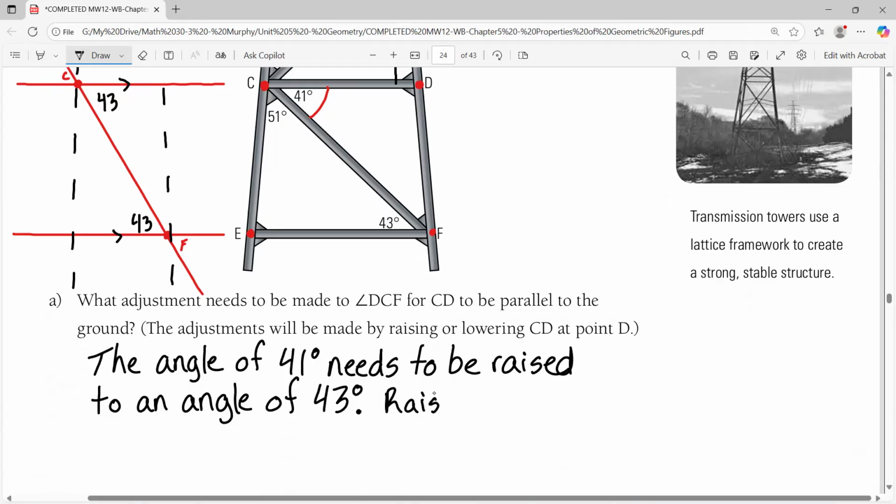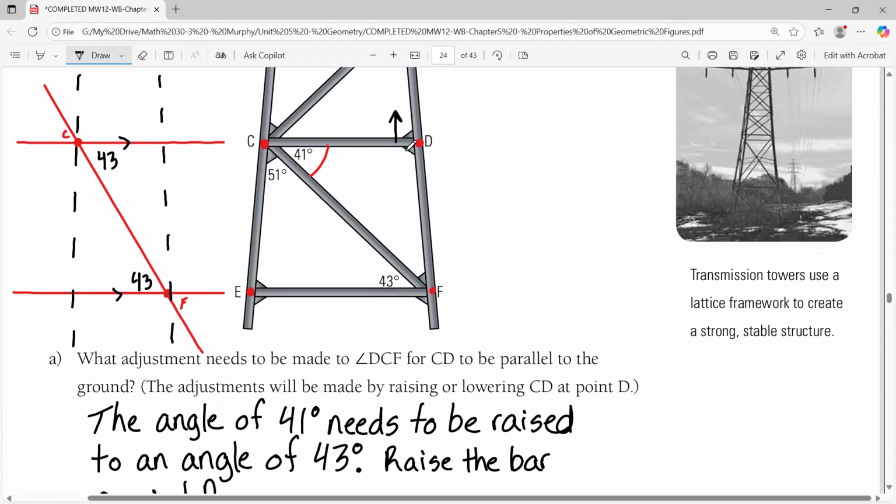Raise the bar at point D. Okay, because if we swing this up, this angle will increase, and that's what we want.